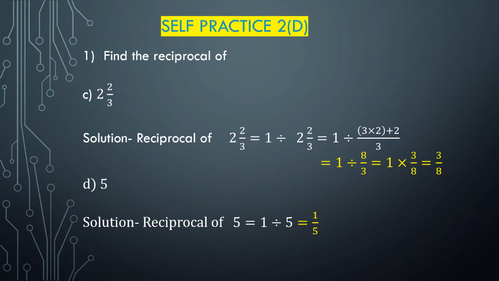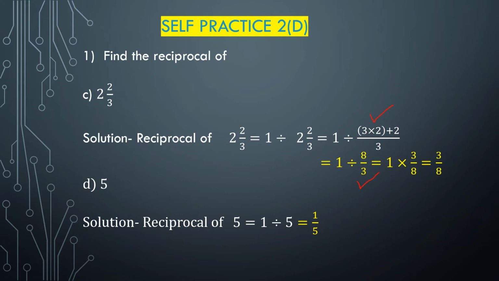That is the improper fraction. So multiply 3 with 2, plus numerator 2. 3 multiplied by 2 plus 2 is 6 plus 2 is 8, divided by the denominator 3, that is 8 divided by 3. So we have to find the reciprocal of 8 divided by 3.